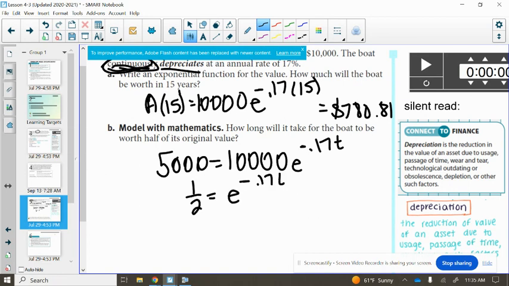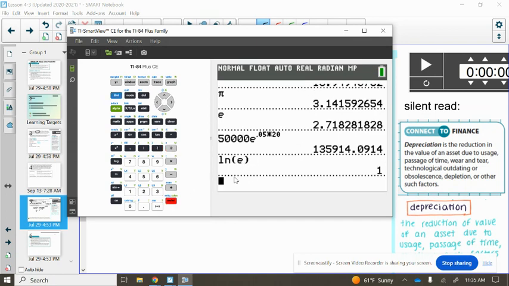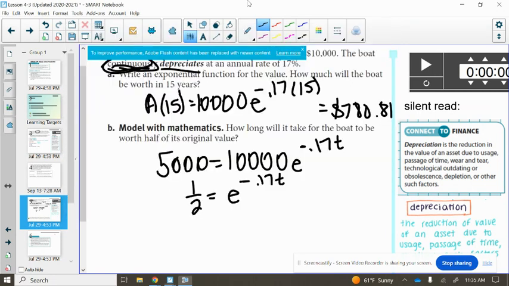And if we are going to solve then, we use the common log a lot for our other bases, or base 10 is what undoes that. The natural log is actually going to undo our base E. So what we see here is those can cancel out if you take what we call the natural log, ln. So if I ln both sides, this is going to cancel out my base E. So I have ln of 1/2 equals negative 0.17 t.